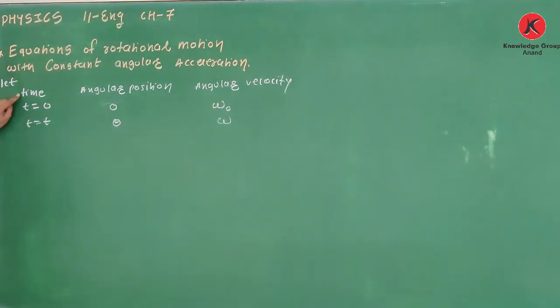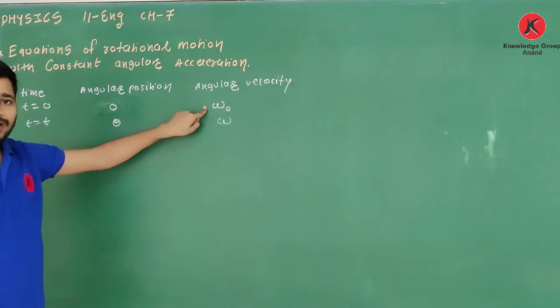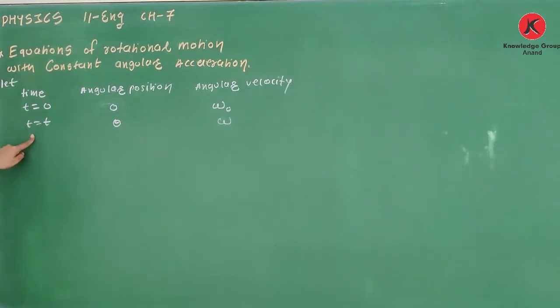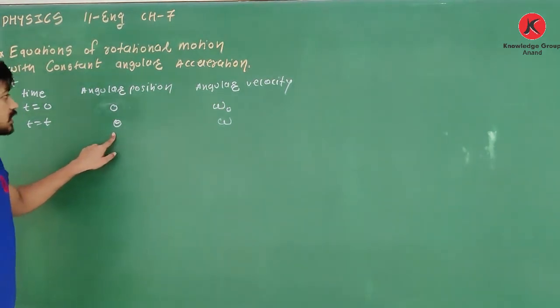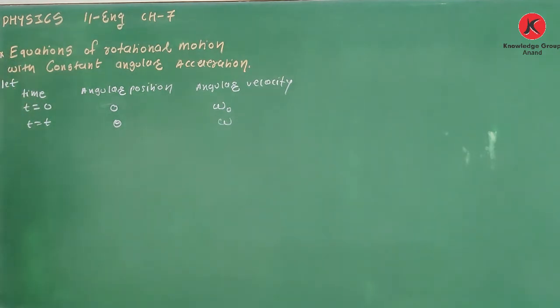Simple. So at time t is equal to 0, initial angular position, initial angular velocity. At time t is equal to t, final angular position, final angular velocity.